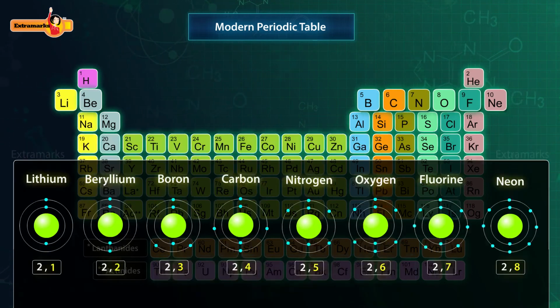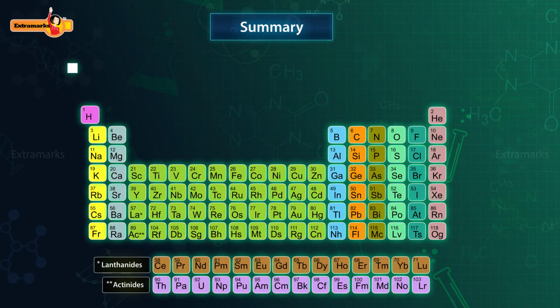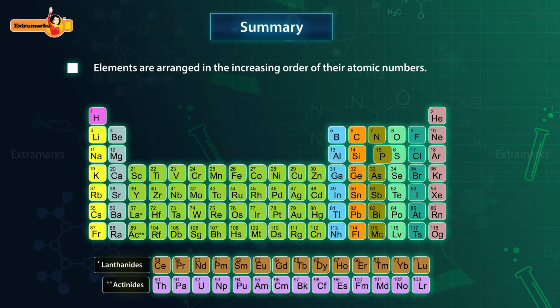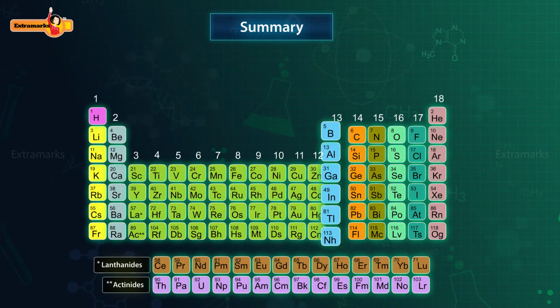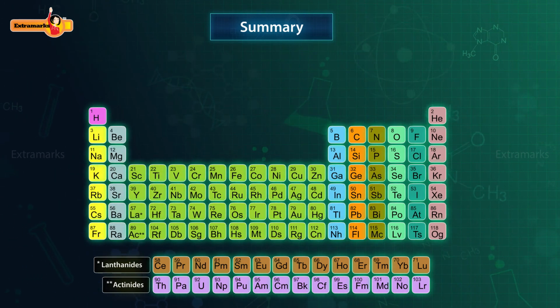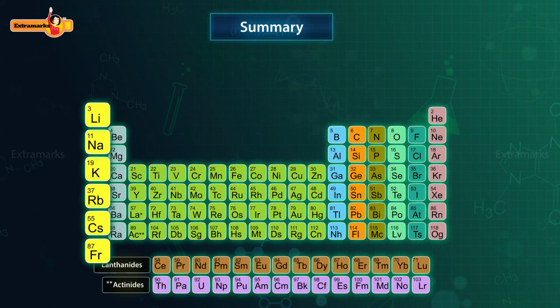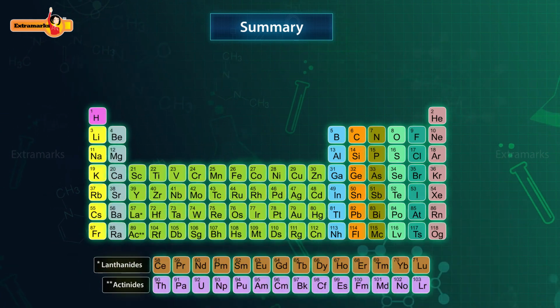To summarize, we can say that elements in the modern periodic table are arranged in the increasing order of their atomic numbers. The 18 vertical columns are called groups. The groups in the modern periodic table signify an identical outer shell configuration. Elements within the group have many similar properties because of the same number of valence electrons.